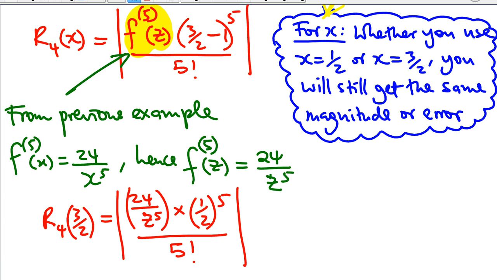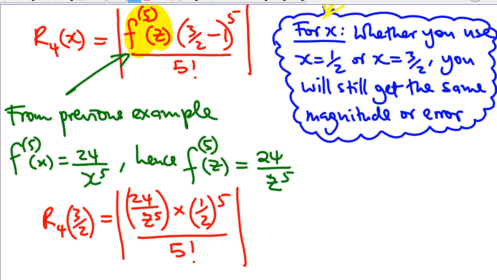Again, by inspection, remember we are dividing 24 by z to the power 5. Now, we are trying to find the maximum magnitude of error. If we plug in 3 over 2 in place of z, we won't get the maximum error compared to when we plug in a half. If we plug in a half in place of z, then the error will be maximum.